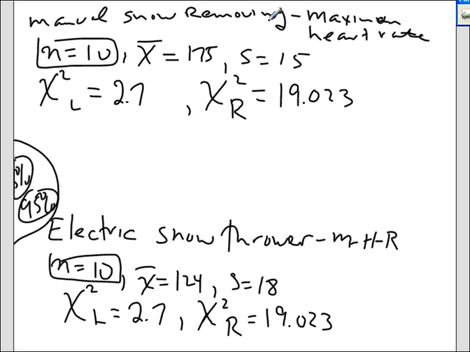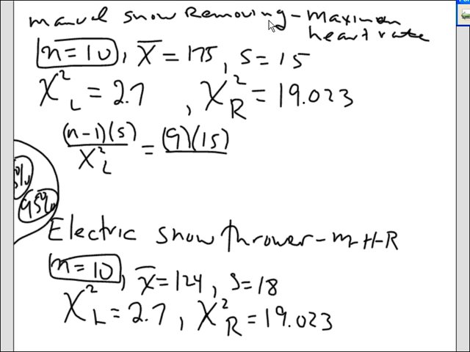On the left side, the formula is n minus 1 times s over chi-squared R, which is 9 times 15 over 19.023, and that number happens to be 10.317.